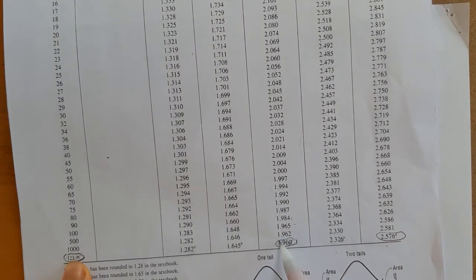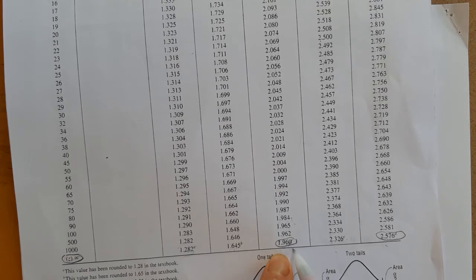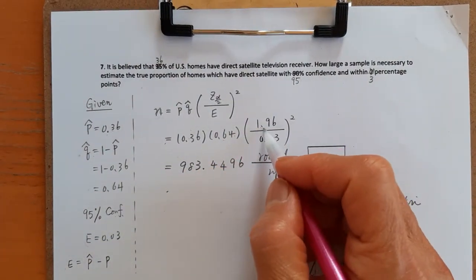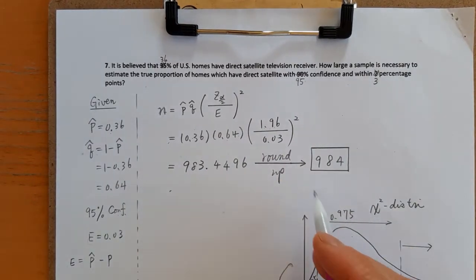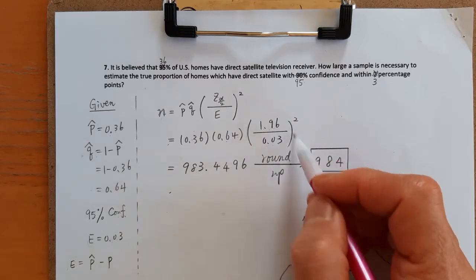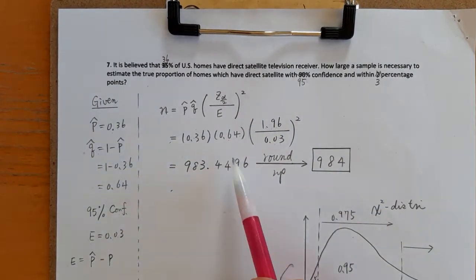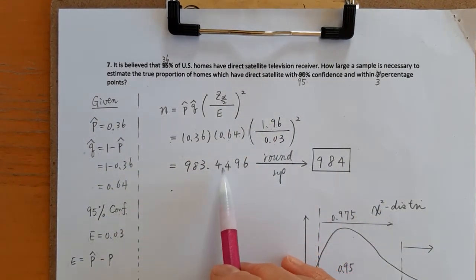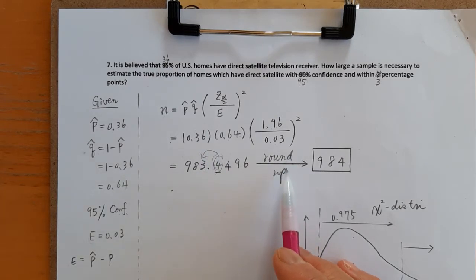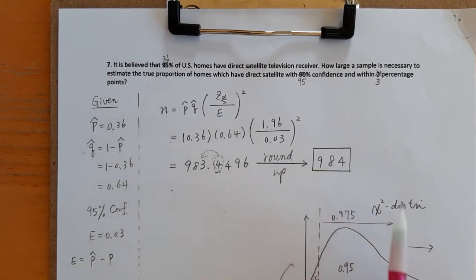The Z score is 1.96. So use Z, it's 1.96, over the margin of error given, 0.03, in parenthesis squared. Then you use a calculator to figure this out. No matter what, even if less than 5, still round up. Always round up.